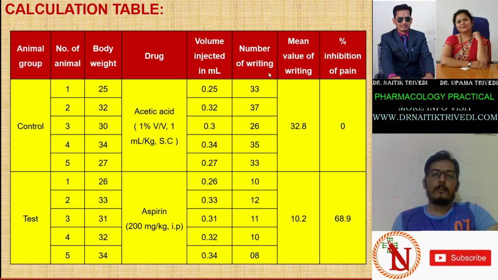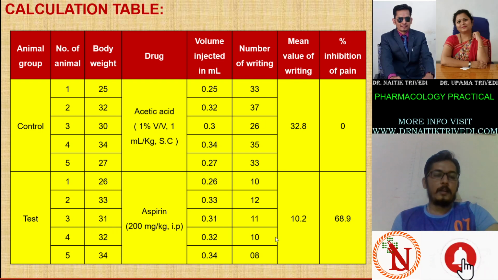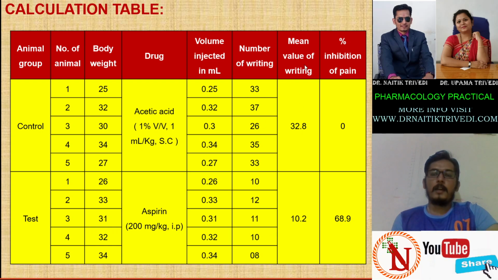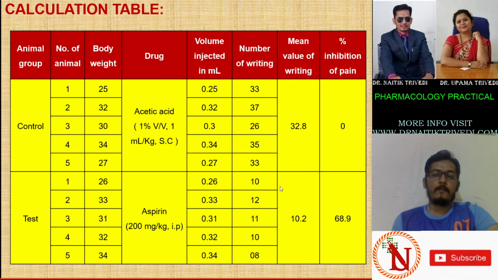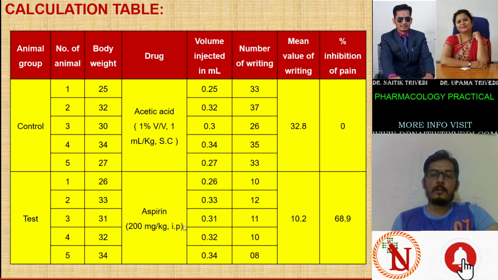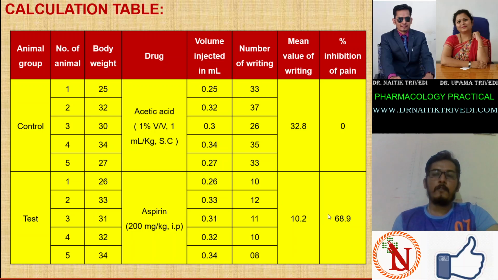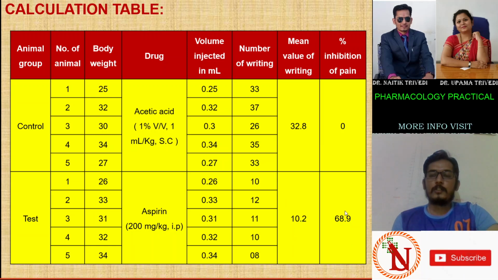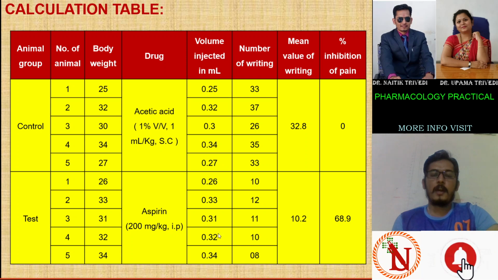Then the number of writhings is calculated here for the control group and here for the test group, and here the mean value of the writhing is 32.8 without giving any drug, and for the test drug it shows 10.2, which is the mean value of the writhing. So it shows 68.9 percent inhibition of pain in the drug treated animal.